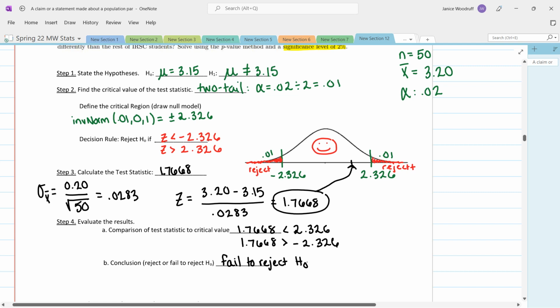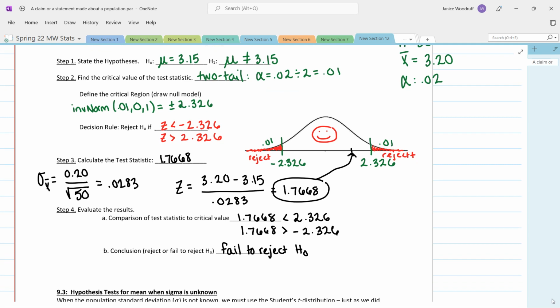Okay, which means that the null hypothesis is that the mean is equal to 3.15, so it's likely that the mean of athletes is also equal or close to equal to 3.15. That student athletes are not different based on this sample of 50 athletes.